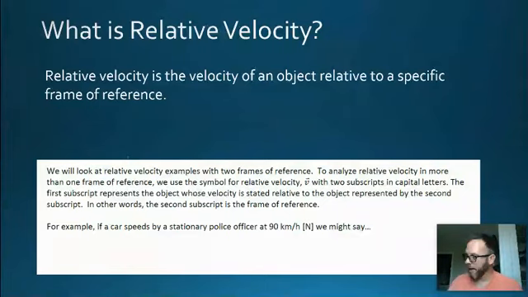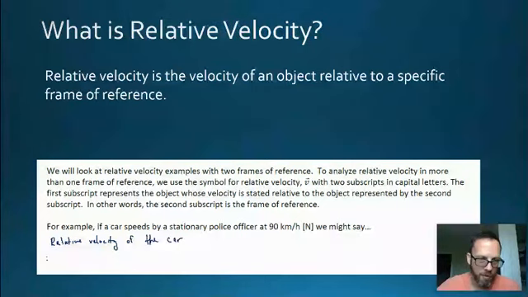So if a car passes by a stationary police officer at 90 kilometers per hour, in words we might say: the relative velocity of the car with respect to the police, and I'll just use a short form, WRT, for with respect to.